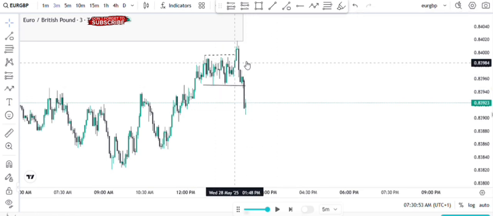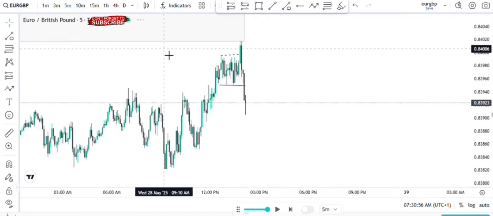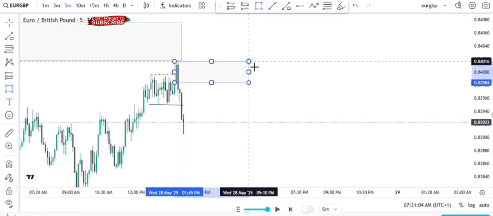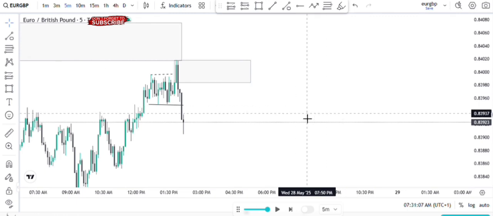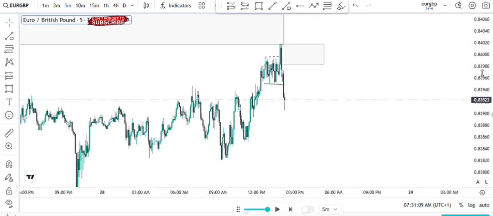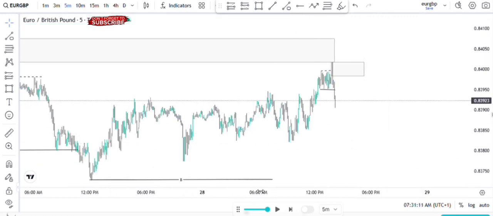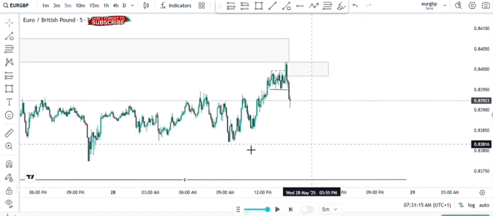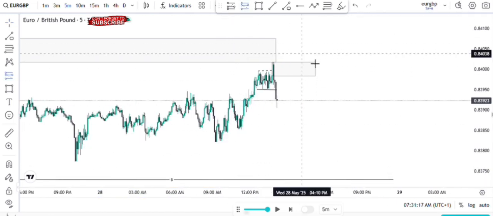Let's go to our 5-minute time frame. So let's use this as our order block because it has a fair value gap and all. As you can see, this is one of the benefits of using lower time frame confirmations. This is the low that we are expecting to be taken out. We can now place our order right here.